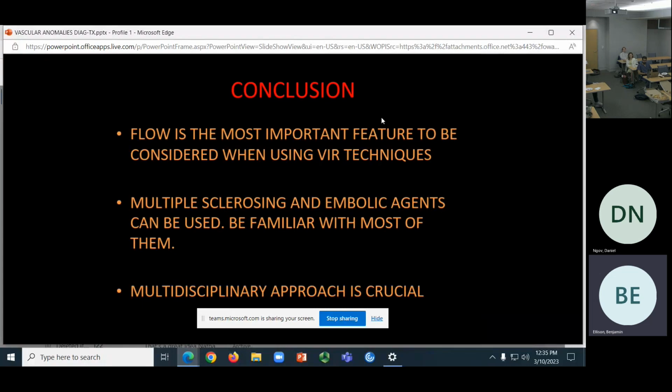And here at MSC, we meet every month. There's a vascular anomaly program. So we meet every month with dermatology, surgery, ENT, oncology, pediatric oncology, to try to go over many cases. We had one yesterday actually.